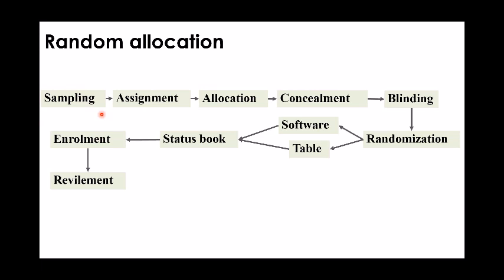Then you say this group of individuals will receive this arm, 100 will receive this arm, and 100 will receive the other arm. Then you hide the individual by an ID. Then you ask another person to do the randomization or blinding. Randomization can be by software or table. That individual has a status book. You start your enrollment. At the end of the study, that person does the revealment.